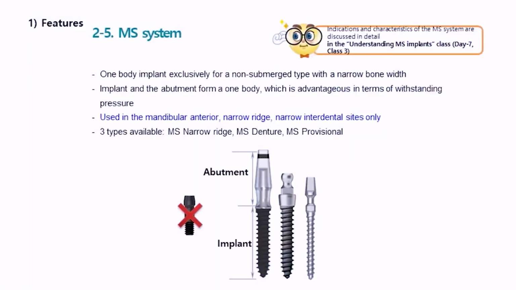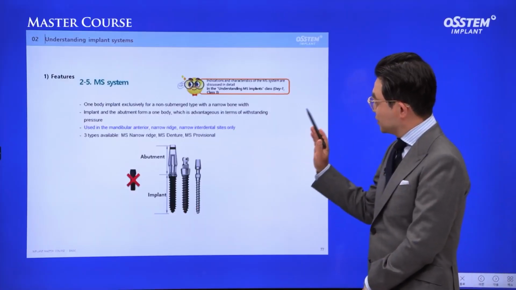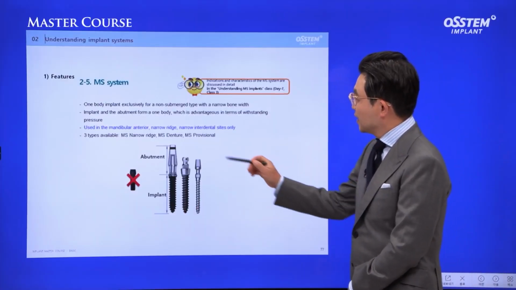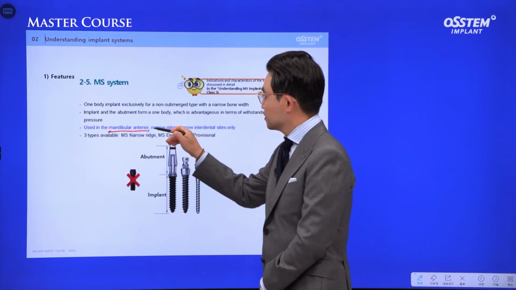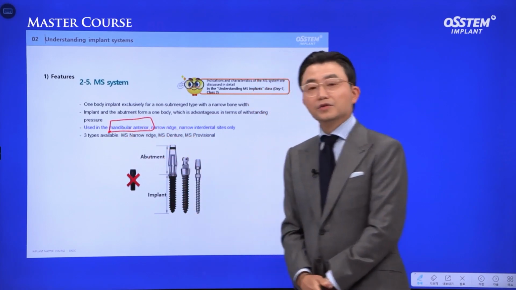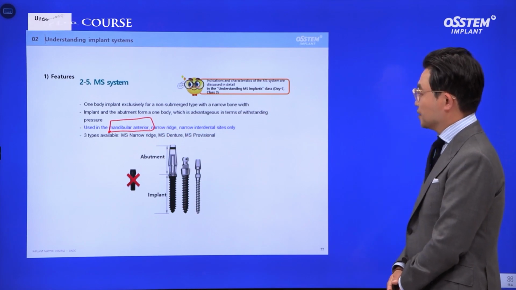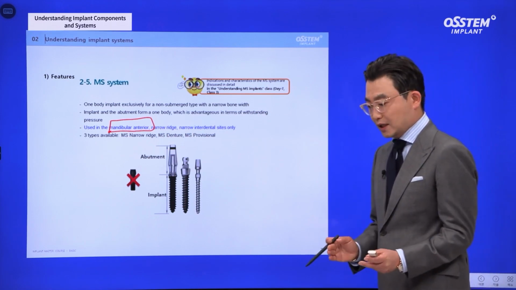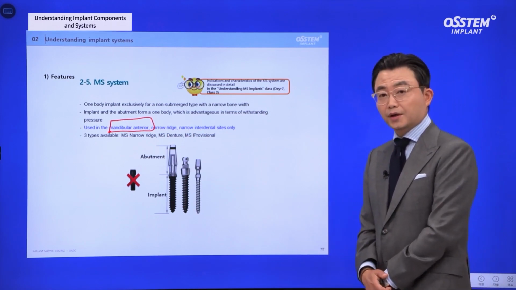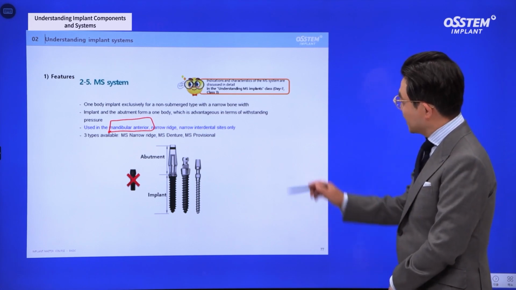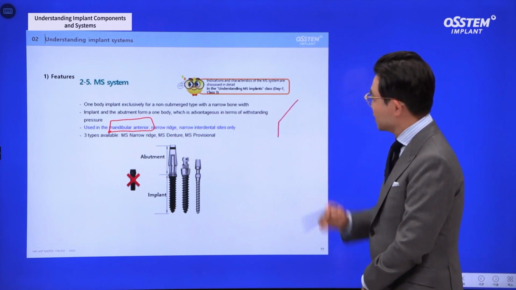A bit different characteristics of implant. This is the one body implant. And this one body implant is mostly used for the mandibular anterior region. Besides this area, I do not believe it has an indication. Sometimes on the lateral incisor in the upper area you place it, but here the angle is different.